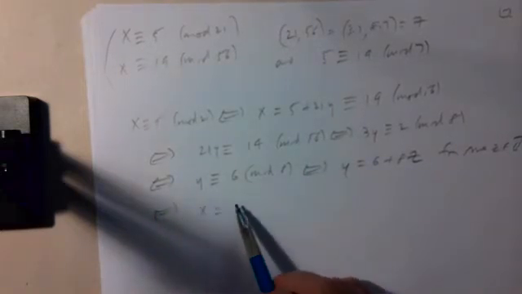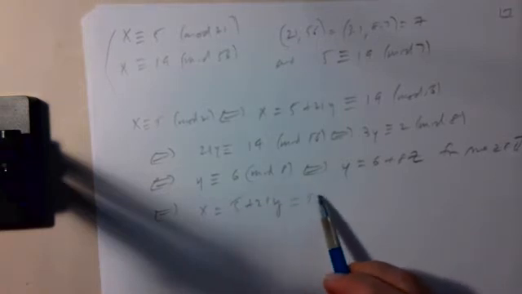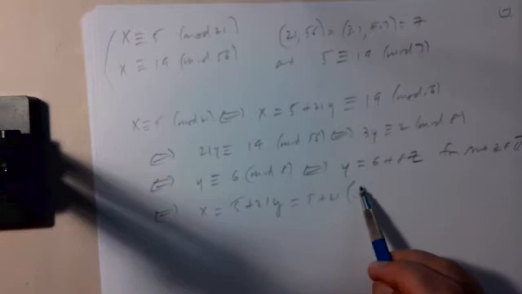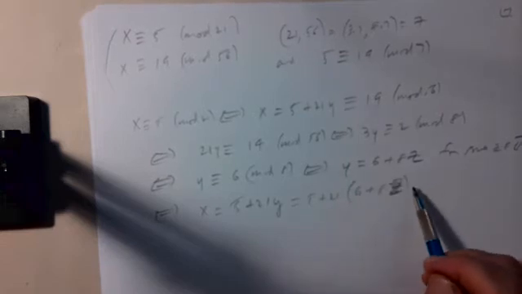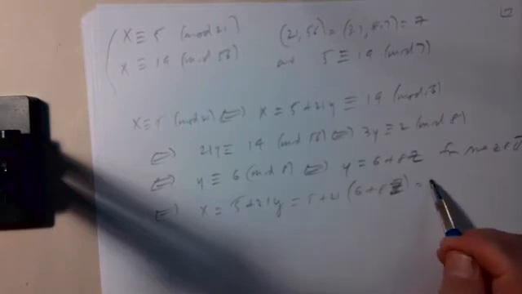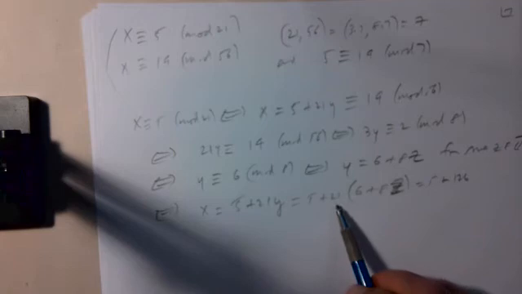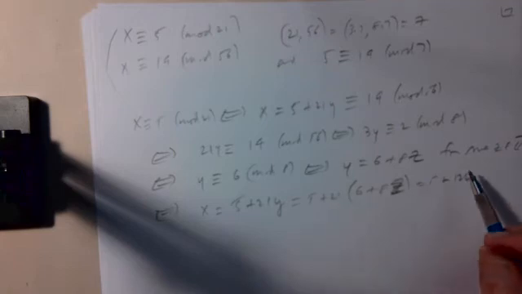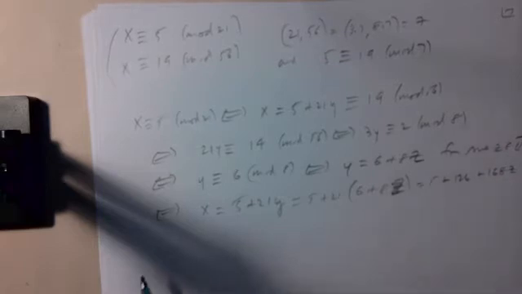And so x, which is 5 plus 21y, is 5 plus 21 times (6 plus 8z). This is 5 plus 126 plus 21 times 8, which is 168z.